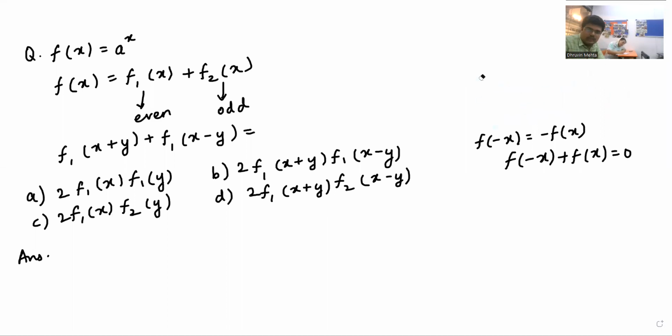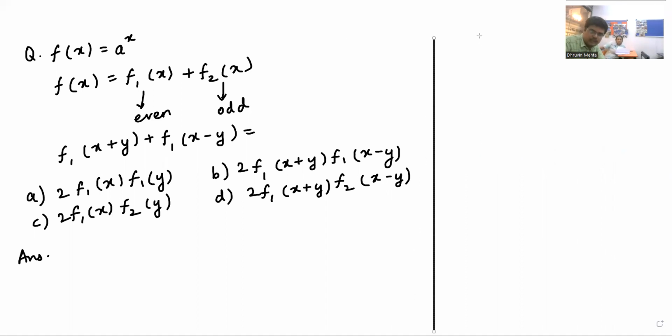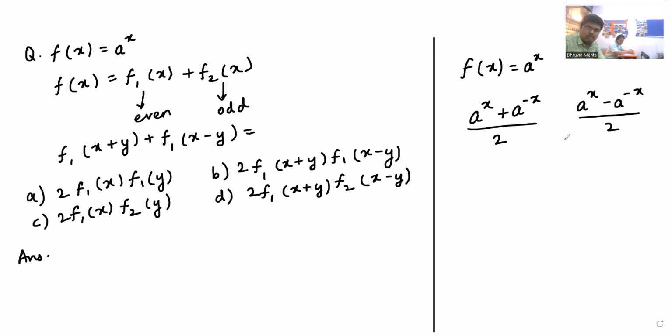Now the thing is, in this sum we have exponential function, a very interesting combination with even odd. We should discuss it before we take this sum. So see, if we have this a raised to x as a function, let's consider a raised to x plus a raised to minus x upon 2, and a raised to x minus a raised to minus x upon 2.